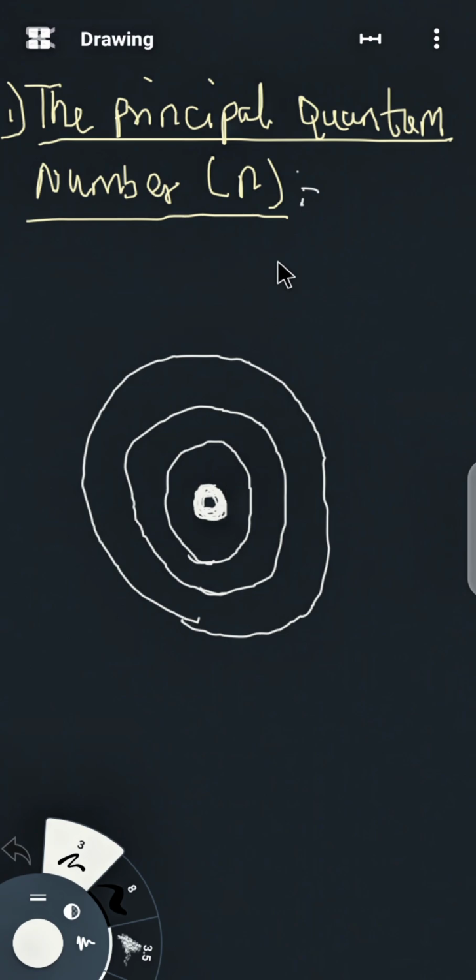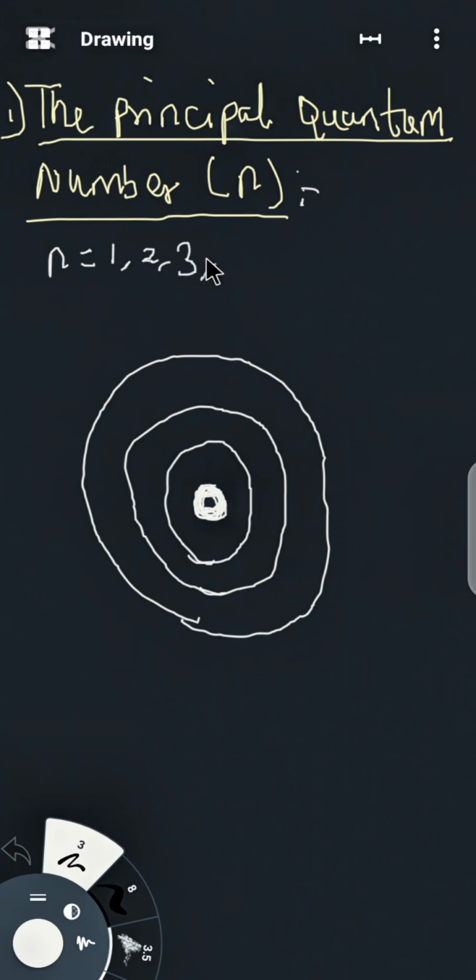It is believed that the electrons that are closest to the nucleus occupy level 1. They are given the principal quantum number 1 because they are closest to the nucleus. As we move away from the nucleus, the principal quantum number increases.